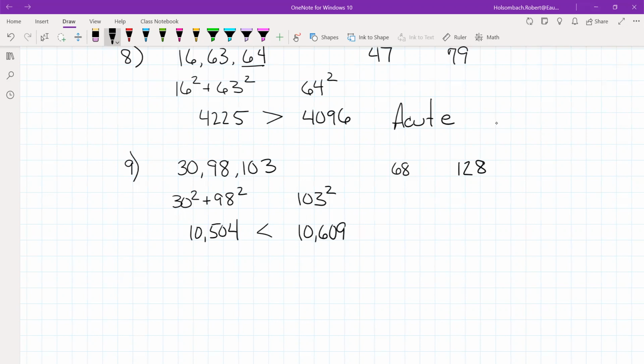So a squared plus b squared less than c squared. Obtuse again. What do they have to be for it to be a right triangle? They got to be equal to each other. Good. So that should be 4 easy points in your quiz tomorrow, right? Okay.